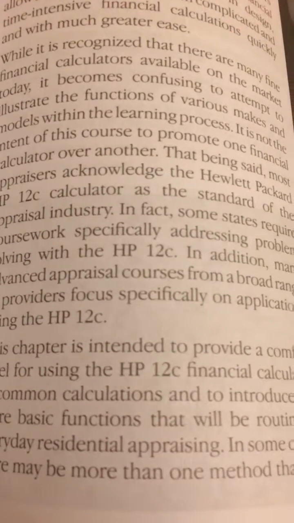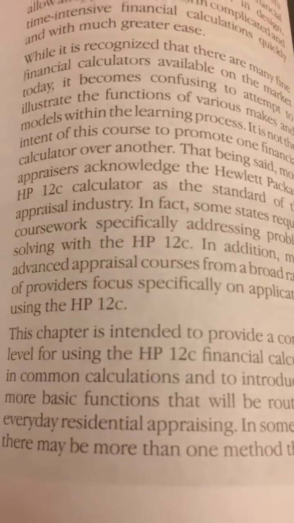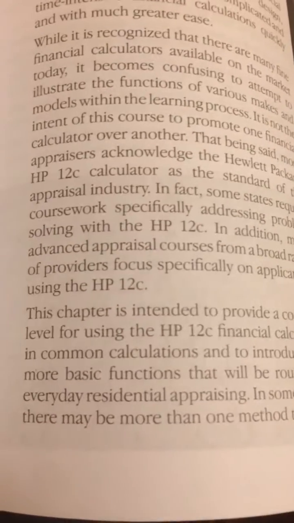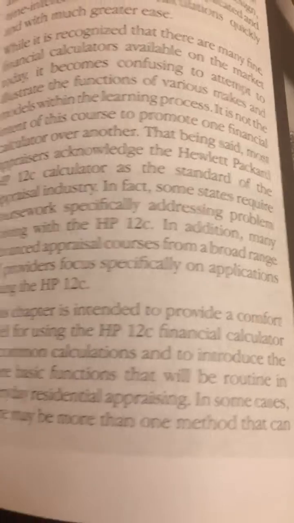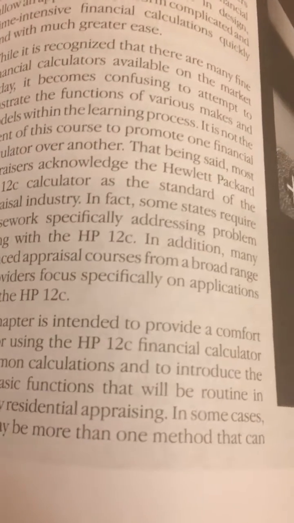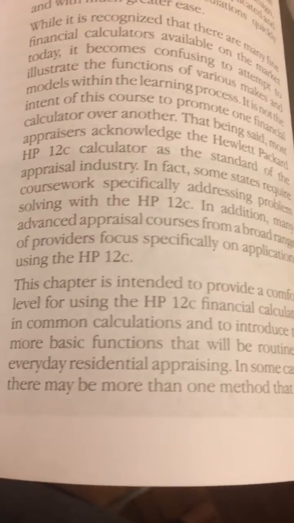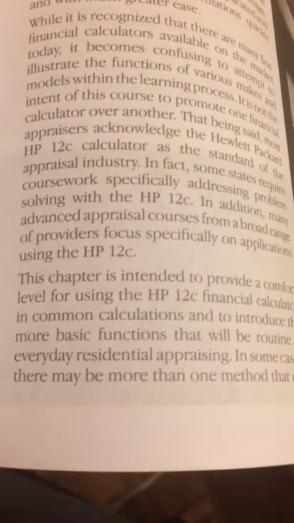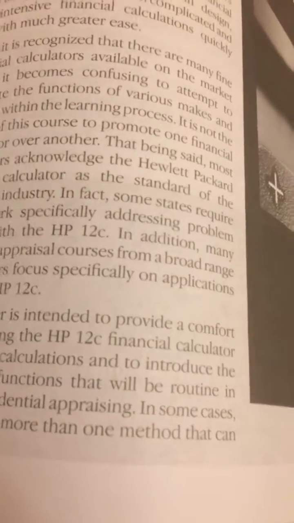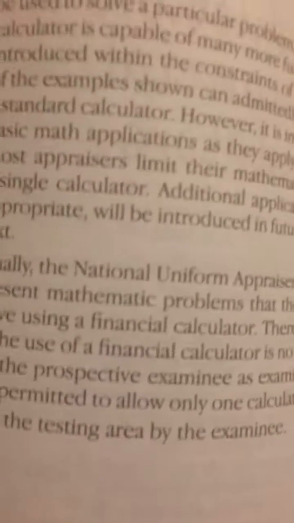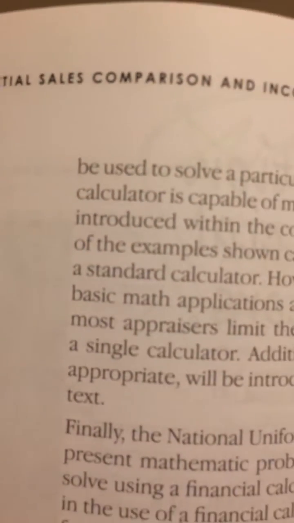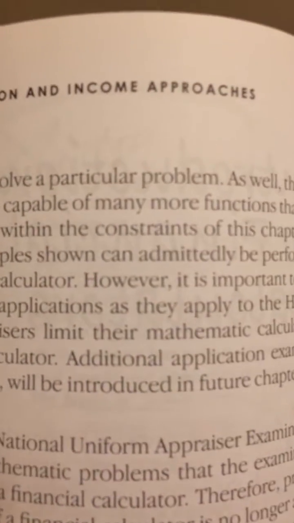This chapter is intended to provide a comfort level for using the HP12C financial calculator in common calculations and to introduce the more basic functions that will be routine in everyday residential appraising. In some cases, there may be more than one method that can be used to solve a particular problem.